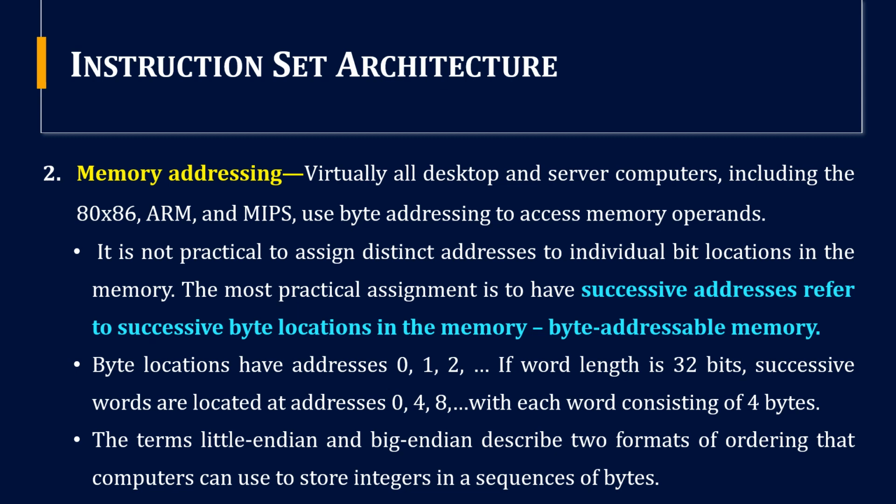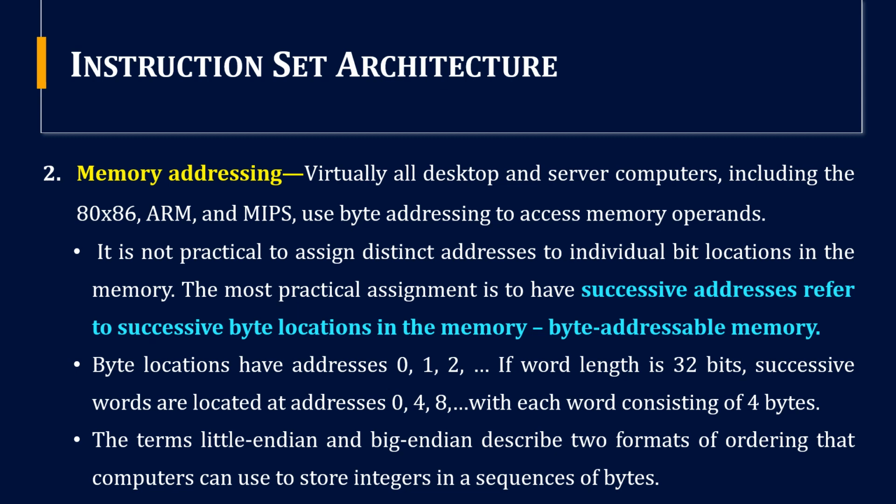So what is this byte addressability? The successive addresses refer to successive byte locations in the memory. So the byte locations have the addresses 0, 1, 2, etc. If the word length is 32 bits, then the successive words are located at addresses 0, 4, 8, etc., with each word consisting of 4 bytes.